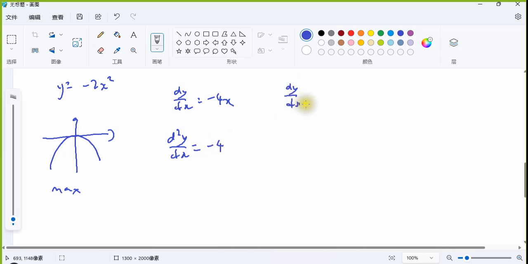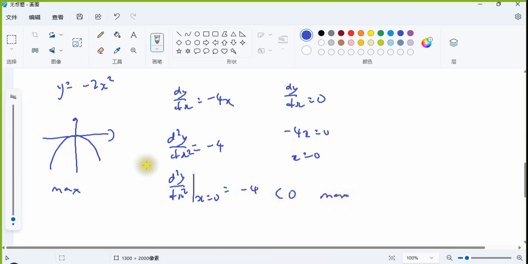When dy/dx equals 0, negative 4x equals 0, so x equals 0. The second derivative when x equals 0 is negative 4, less than 0, so it is a maximum point. So over here, this is the maximum point.